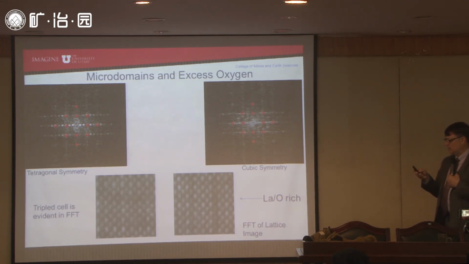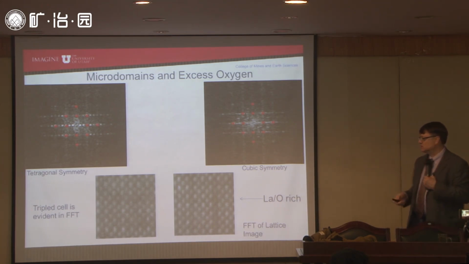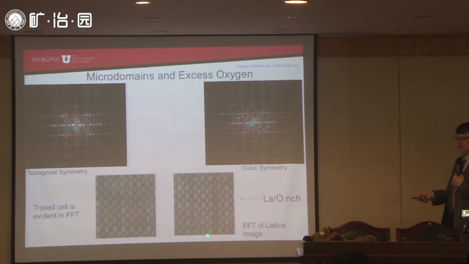And what we discovered is, and the other thing you can do, I should say, is a digital analysis of regions like this to determine if they're richer in calcium or richer in lanthanum based on the intensities of the spots. This area right here is about 20% richer in lanthanum than this region right here, based on the intensity of the points.